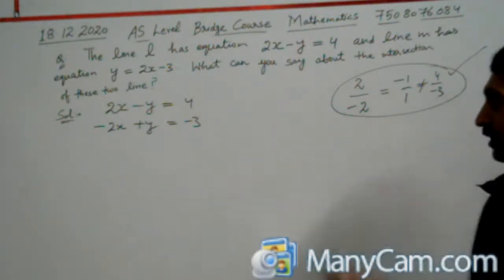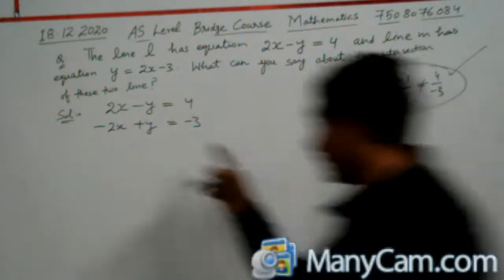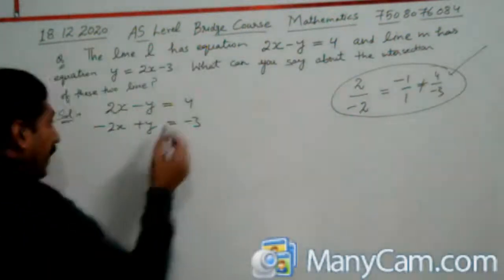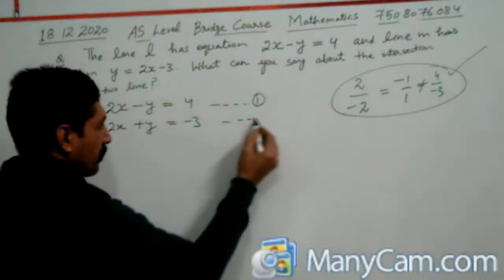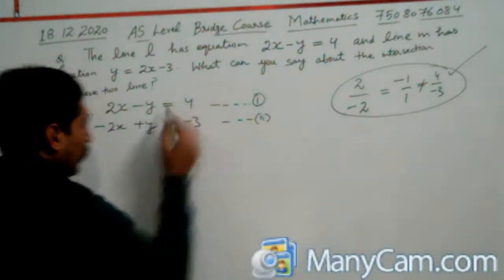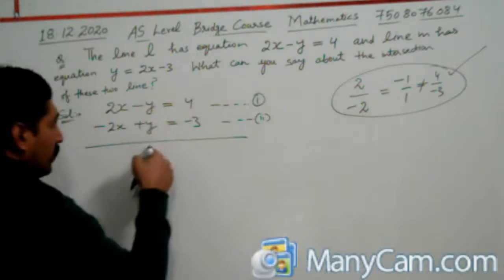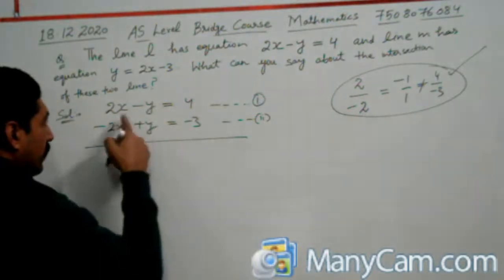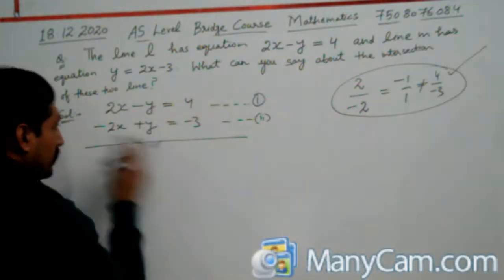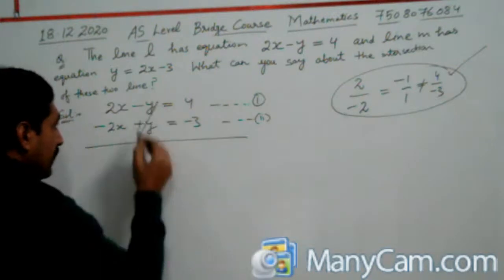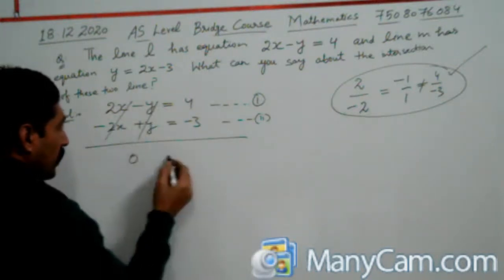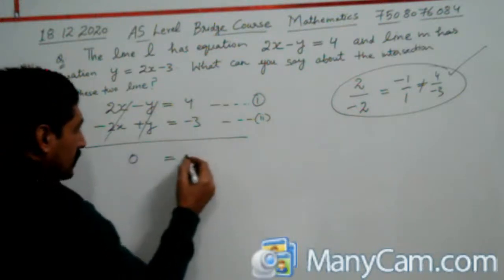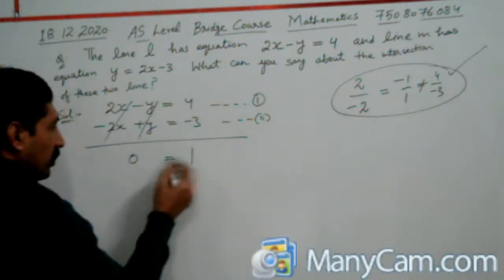We can check this also. This is equation number 1, this is equation number 2. Adding 1 and 2, what will we have? The x terms get cancelled, the y terms also get cancelled. We have 0 is equal to 1, but 1 cannot be equal to 0.